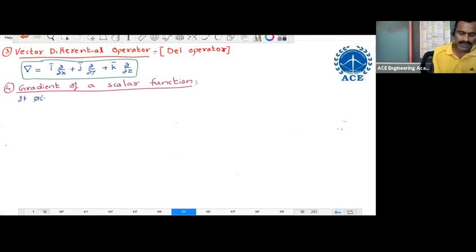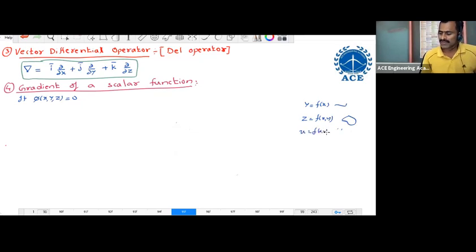Already we know that y equal to f of x represents a curve in two-dimensional space, z equal to f of x comma y represents a surface in 3D space, and u equal to f of x, y, z represents a hypersurface in 4D space. It is 2D space, 3D space, 4D space only.